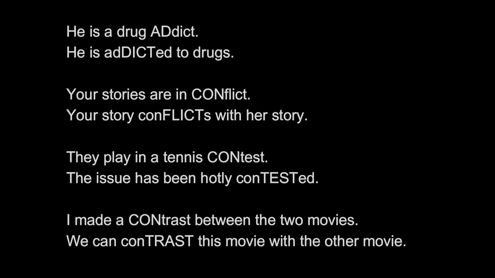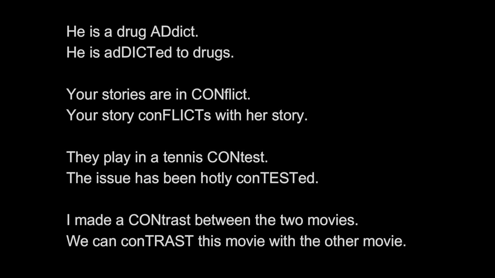These are example pairs of sentences where the first sentences have the noun form and the second sentences have the verb form. He is a drug addict. He is addicted to drugs. Your stories are in conflict.